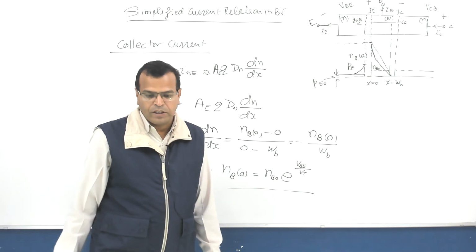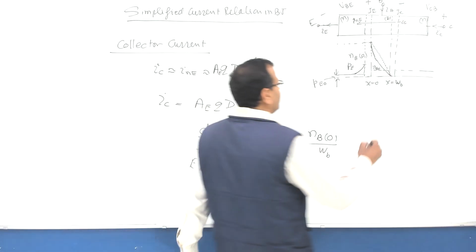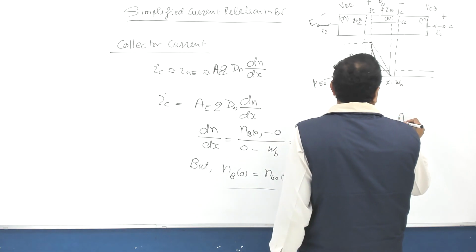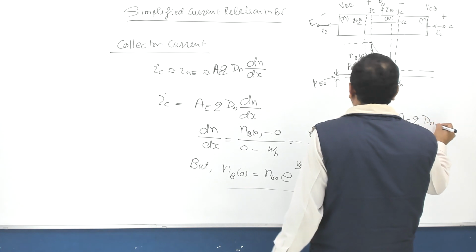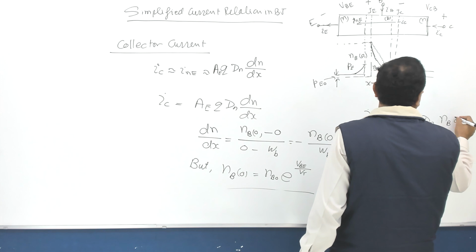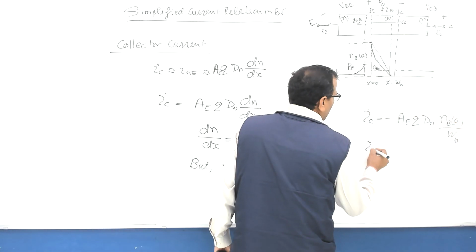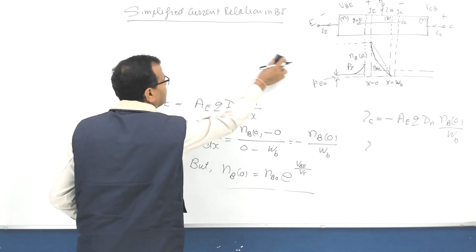NB0 is equal to this. Fine. So if you have this relationship, I'll be able to give you the expression of current, that is minus area of cross section of emitter junction Q Dn into this, NB0 by WB, which is equal to IC. I'll rewrite it here itself. IC will be equal to what?